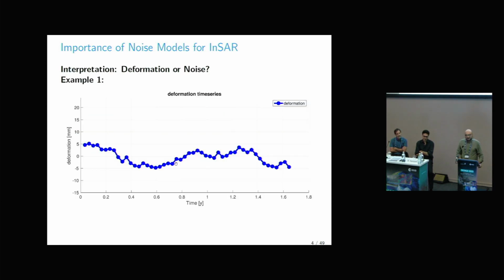Just a very simple example that I will come back to at the end of the presentation. Here we see a time series. All the trends and linear velocity are already removed, and here we see some ups and downs on the order of 5 millimeter in this time series. Is this deformation, or is this noise, or correlated noise actually?